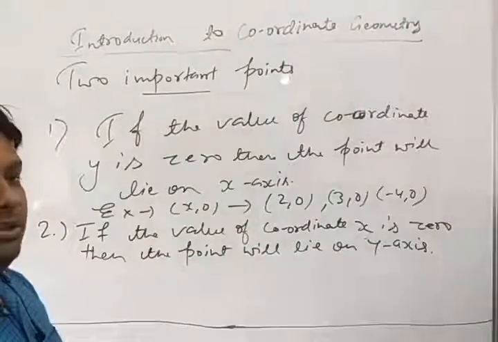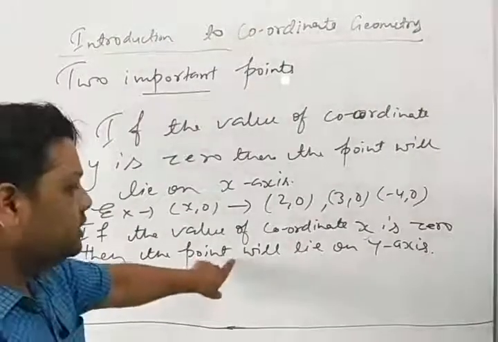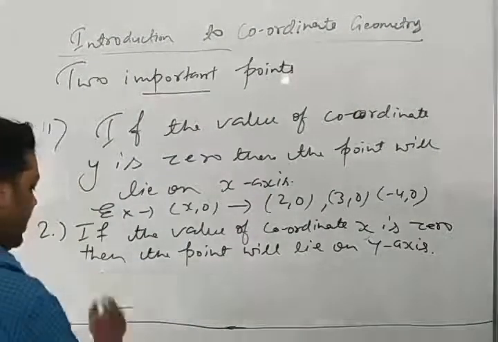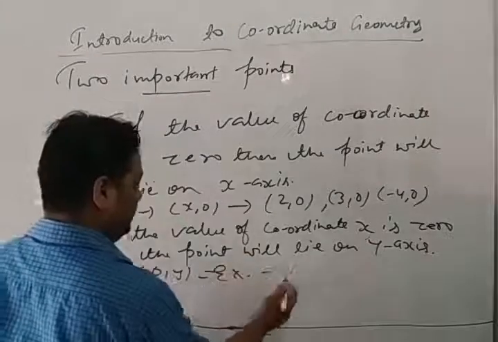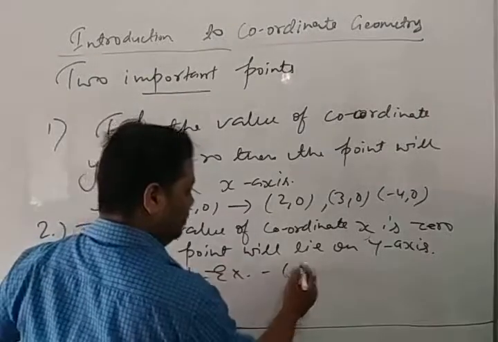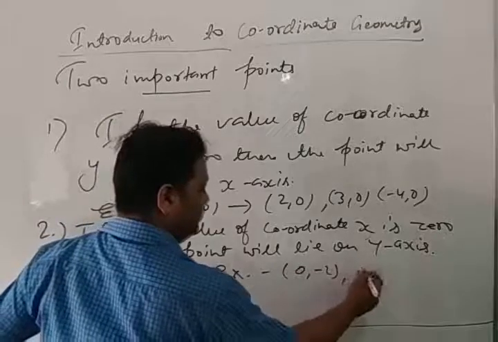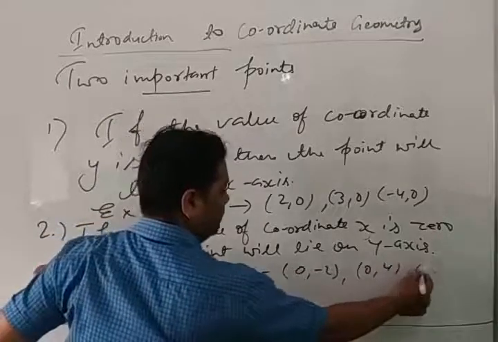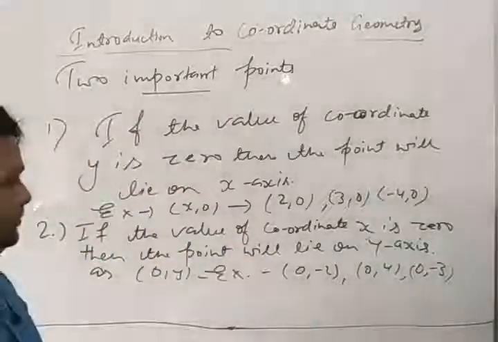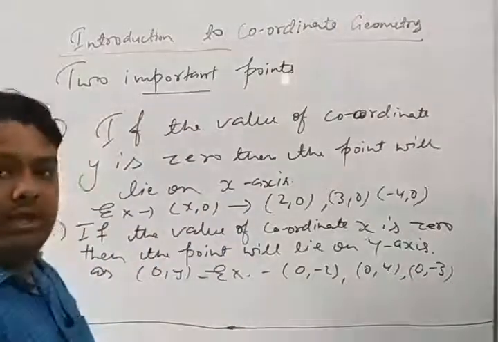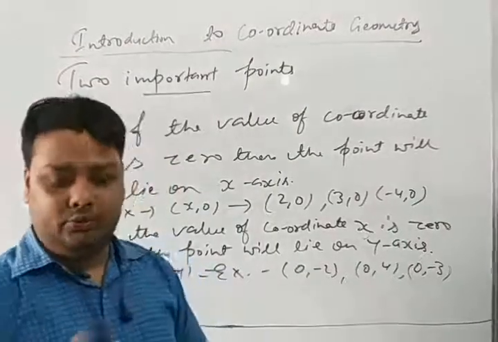If y is 0, the point will lie on the x-axis; if x is 0, the point will lie on the y-axis, as (0, y). For example, (0, -2), (0, 4), (0, -3). These points lie on the y-axis.